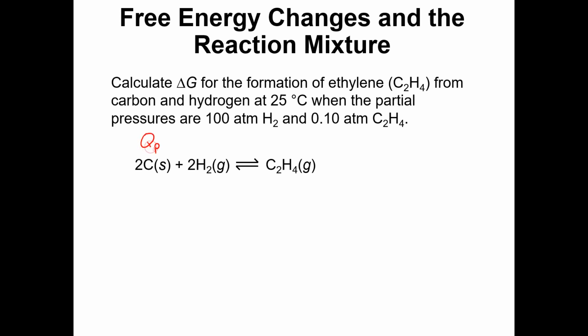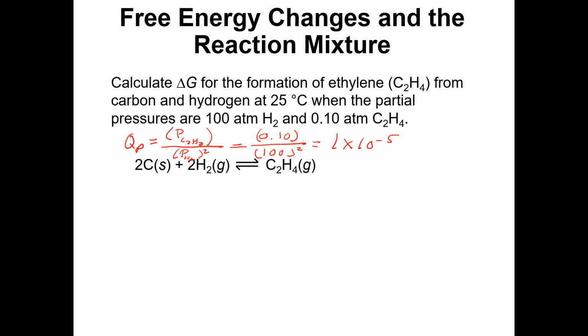QP is when we're using partial pressures. QP is equal to the partial pressure of C2H4 over the partial pressure of H2 squared. So we have 0.10 divided by 100 squared, which gives us 1 times 10 to the negative 5th.